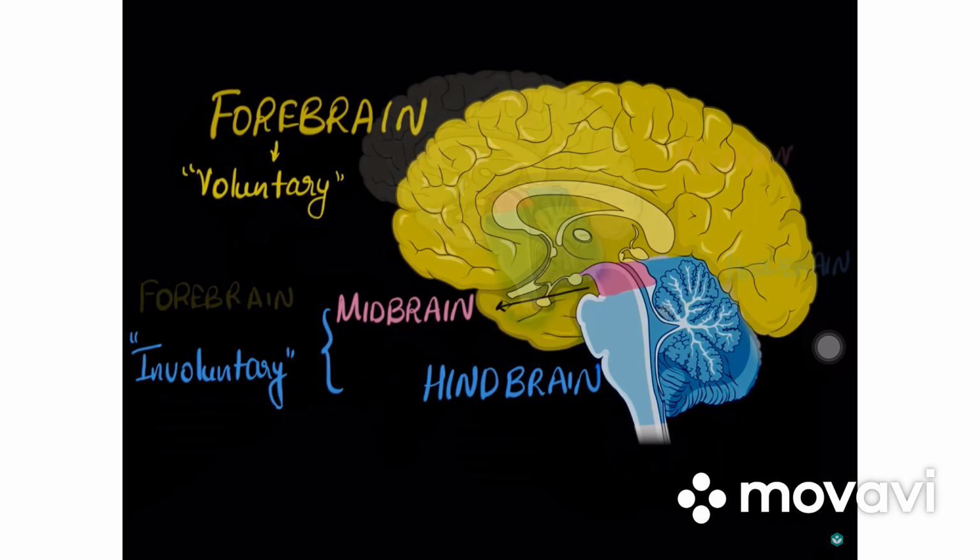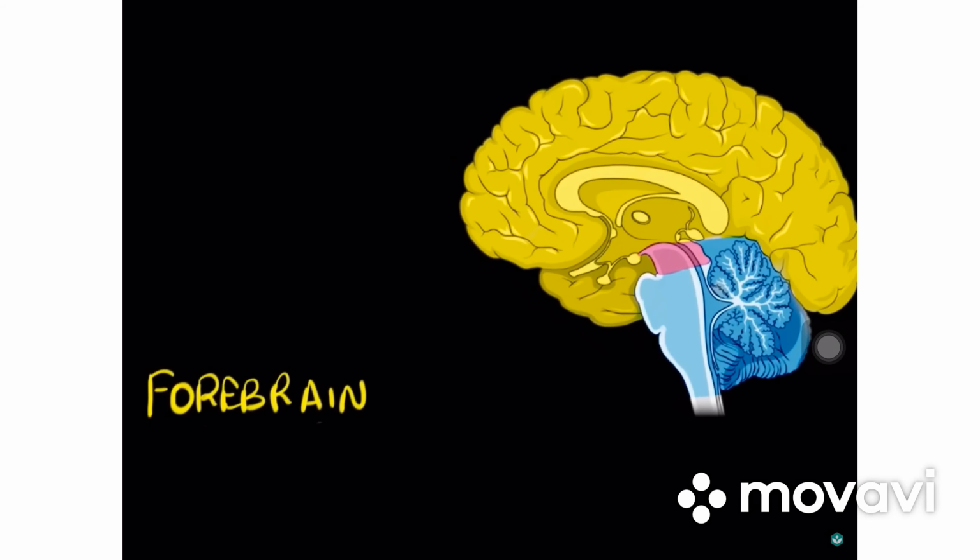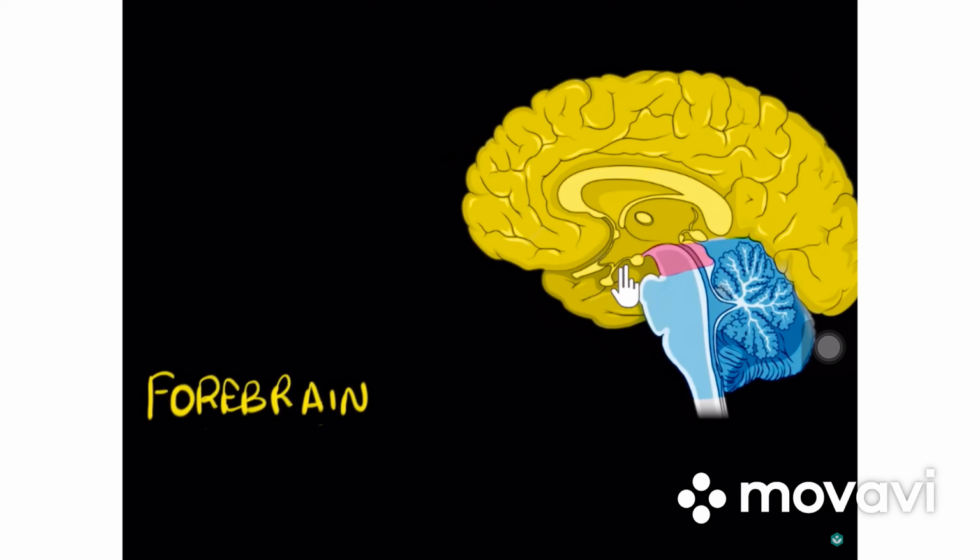So let's zoom out a little bit, and I've made some space so that we can write more parts. So let's start with the forebrain. If you look at the forebrain, you can again see two sections of it. The outer section, which contains a lot of folds, and the inner section. Let me shade that inner section a little bit darker so we can identify that.